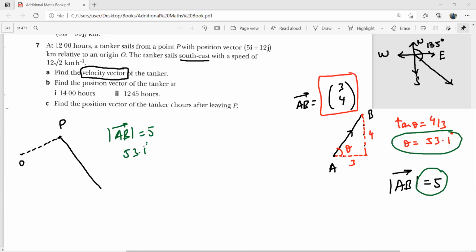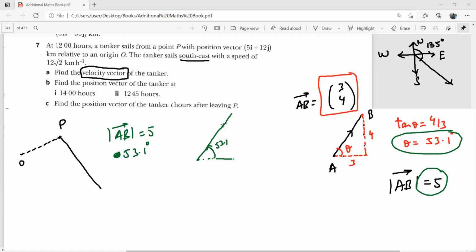Or you can give the bearing, it is going at a bearing of 053.1. So you can roughly draw this. Sorry, this should not be the bearing here, because bearing has to be from the north. Since it has to be from the x-axis, this angle is 53.1.